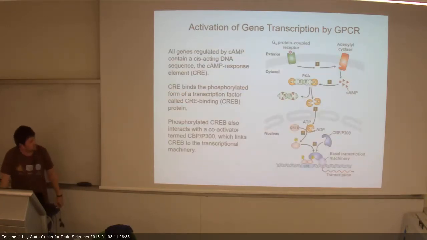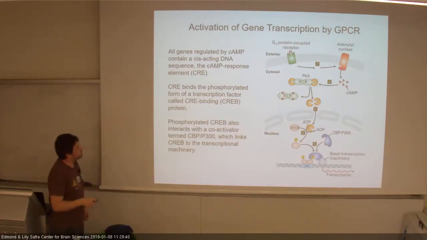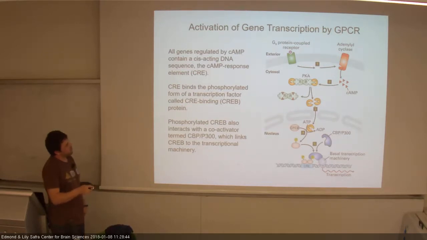And the second example, which is a very classic example that you already saw in the Kandel paper, is one in which a G protein coupled receptor activates adenylyl cyclase, increasing the level of cyclic AMP, and PKA then gets into the nucleus and phosphorylates CREB, cyclic AMP responsive element binding protein.